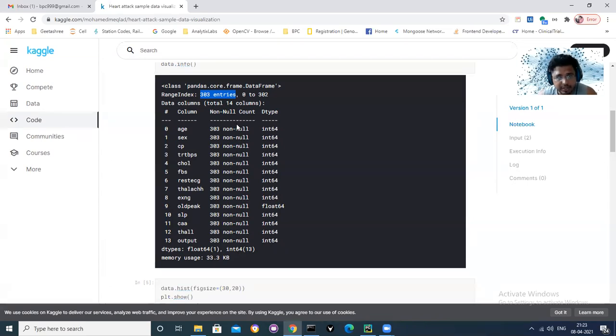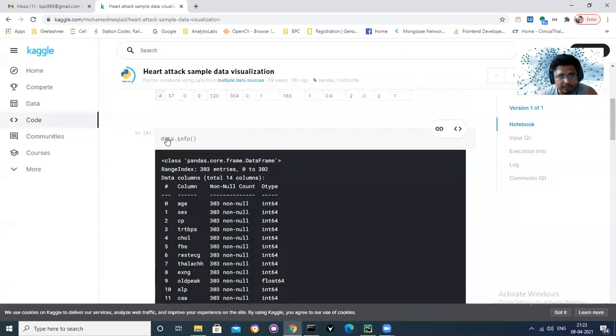This is very important. Okay, so what is data? Data is a class of type DataFrame, which is a class in the pandas core frame package. So that's why I told you to read about pandas. This is tabular data containing 303 rows and 14 columns.